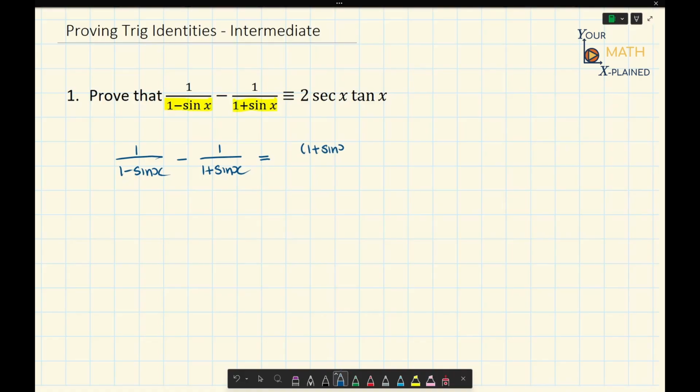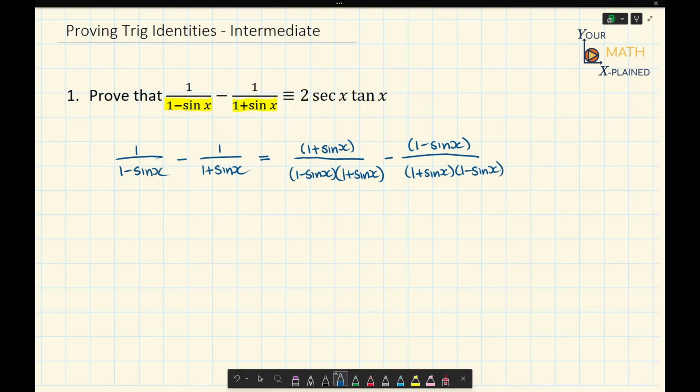So then we get 1 plus sine x over 1 minus sine x times 1 plus sine x. And then our second fraction, we're going to multiply our numerator and denominator by 1 minus sine x. So then we get 1 minus sine x over 1 plus sine x times 1 minus sine x.